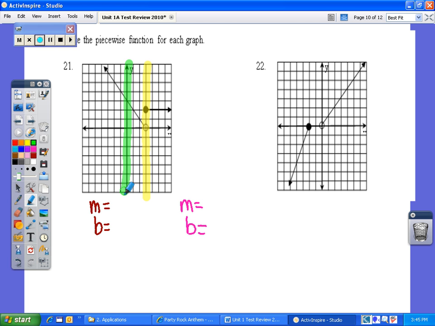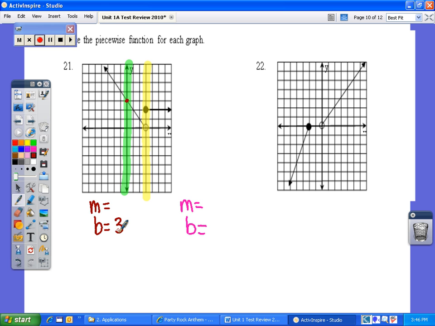So if I look at the first equation on the left, I see that it starts, you see that it goes up to 1, 2, 3 on the y-axis. So because it's at 3 on the y-axis, you're going to say that B is 3.